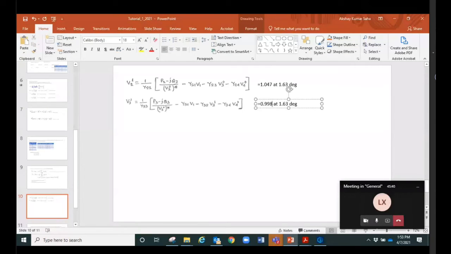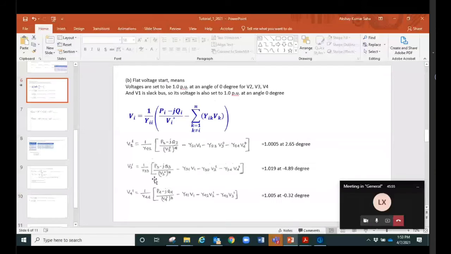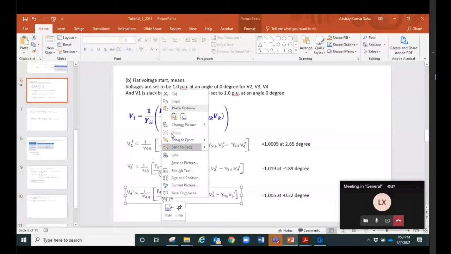That's the V31. When we have the V31, we can use the same formula for V41. V41 uses V31 that we have calculated here. V31 is calculated, so this V31 will come here.